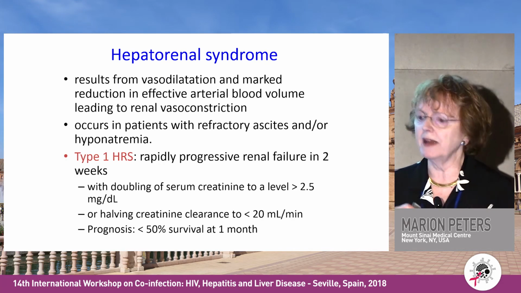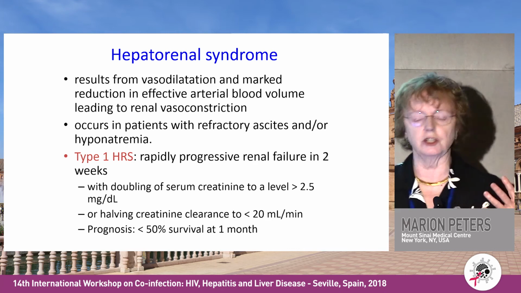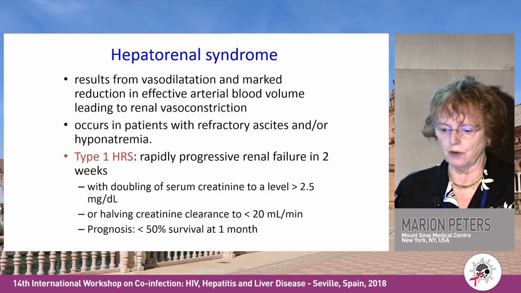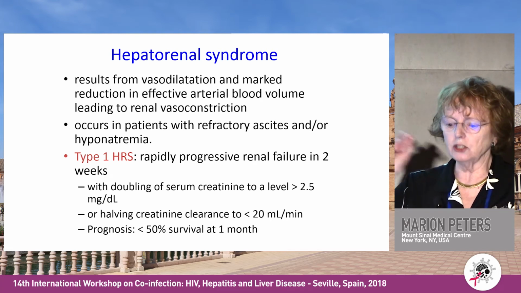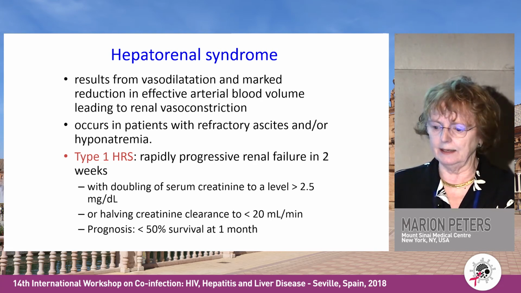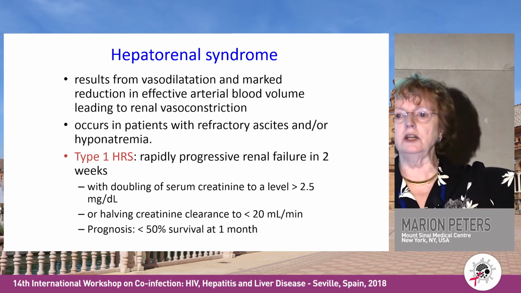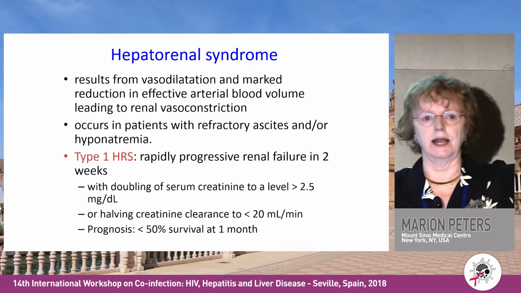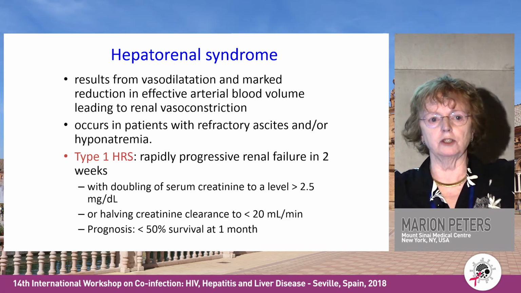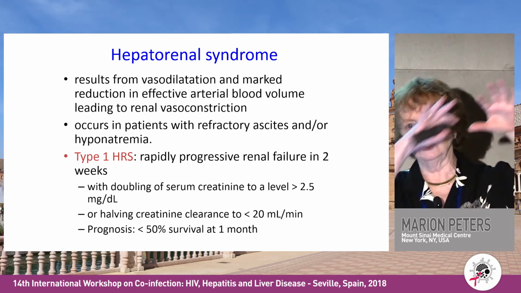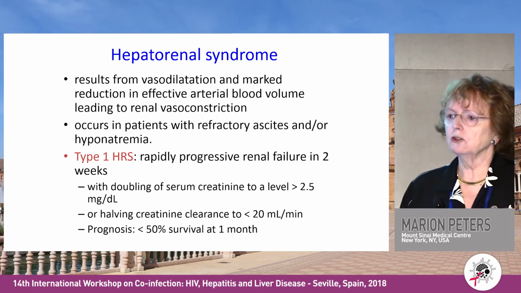It results from vasodilatation and marked reduction in effective arterial blood volume, leading to renal vasoconstriction. And it occurs in patients with refractory ascites and or hyponatremia. So if you think of it as the end of severe refractory ascites, you go from diuretic responsive, diuretic resistant, hyponatremia, hepatorenal, just moves through.